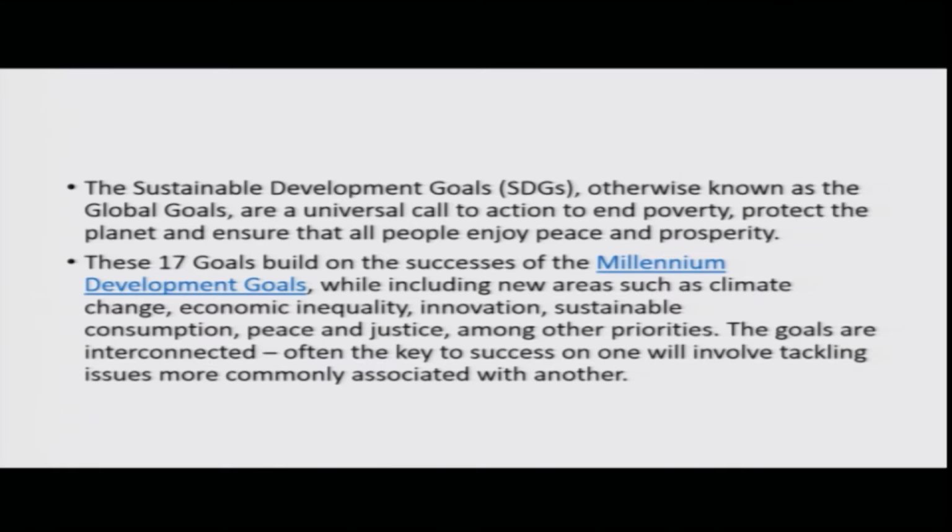These 17 goals build on the successes of the Millennium Development Goals, while including new areas such as climate change, economic inequality, innovation, sustainable consumption, peace and justice, among other priorities. So these are additions to the Millennium Development Goals, like climate change, which has become an important issue today.